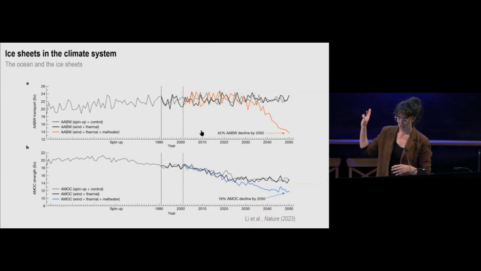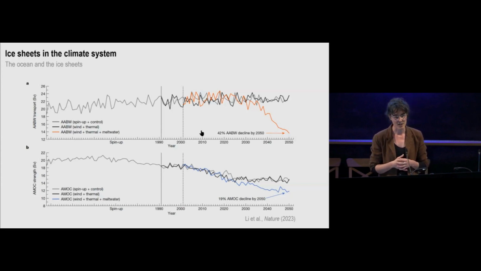And you can see in the orange line there, in the top panel, when you incorporate freshwater fluxes from the ice sheet into an ocean model, we see that there's a decline or a contraction in the production of Antarctic bottom water compared with when we're not considering freshwater fluxes.